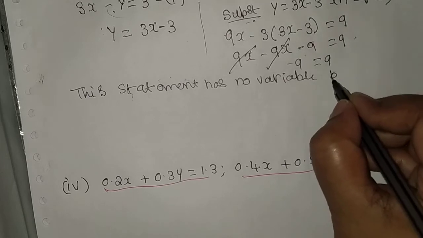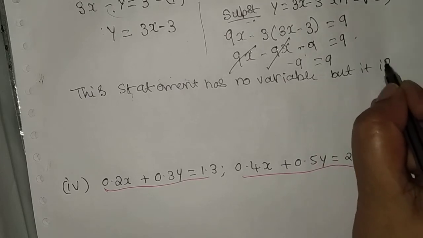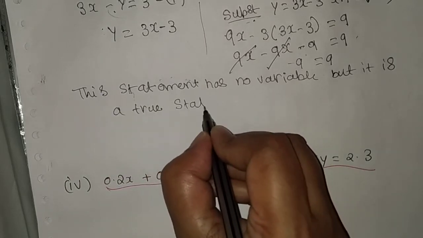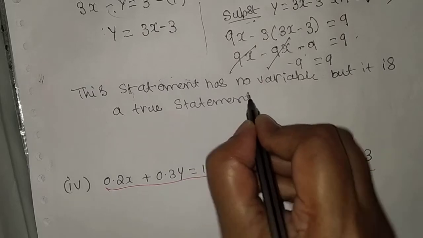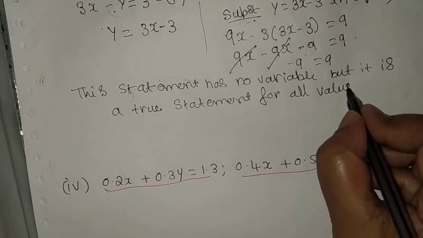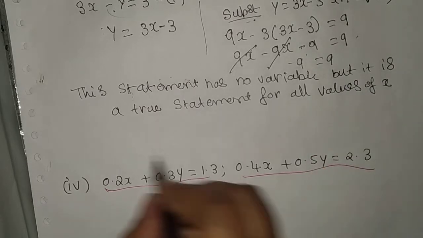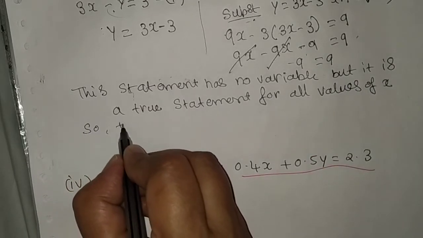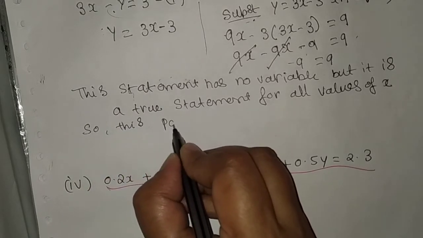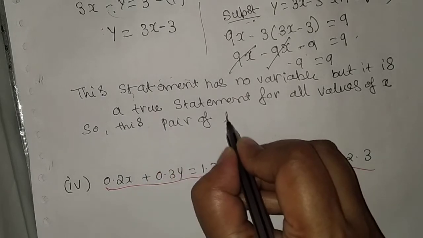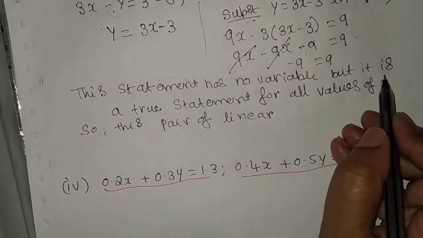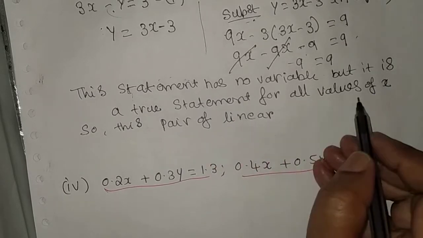So there is no variable, but it is a true statement for all values of x. If you get this type of answer for a pair of linear equations, you should write two lines, that's all. So this statement has no variable, but it is a true statement for all the values of x.